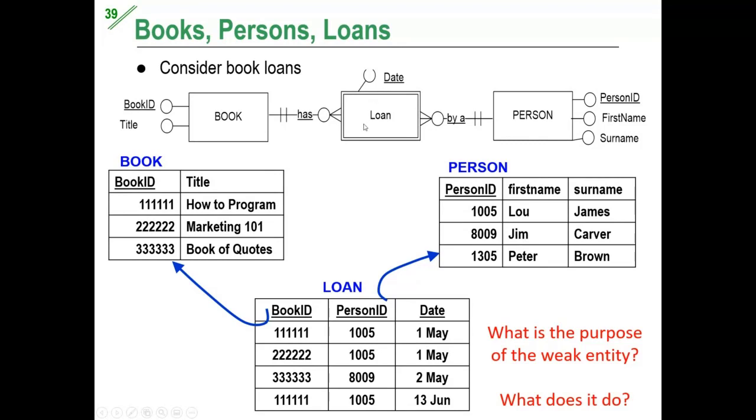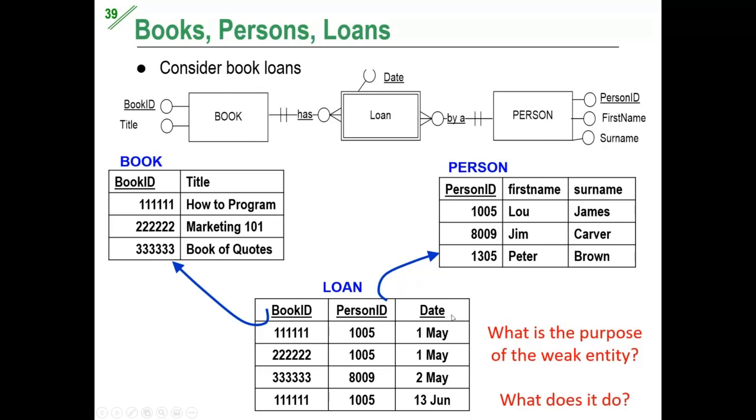At the same time it borrows identifiers from the other ends as well. For example, book ID comes from this side, and person ID comes from the other side. So the identifier for the loan is now book ID, person ID plus the date.